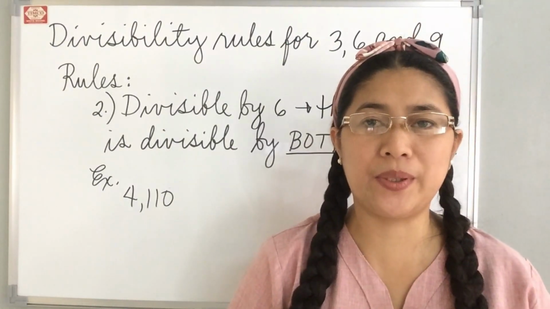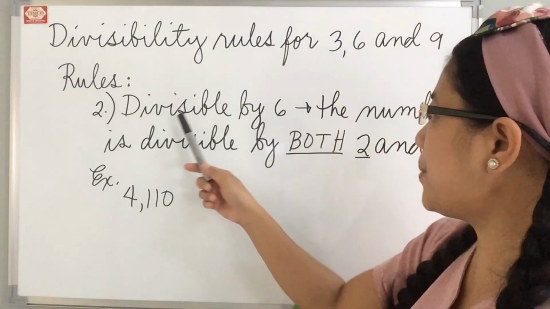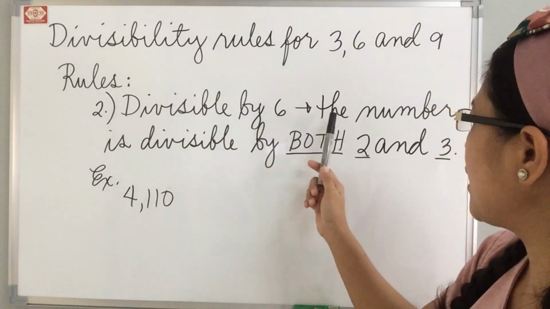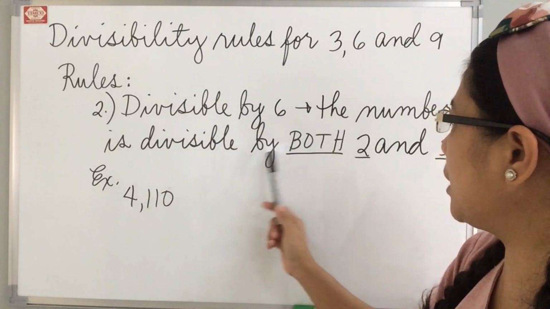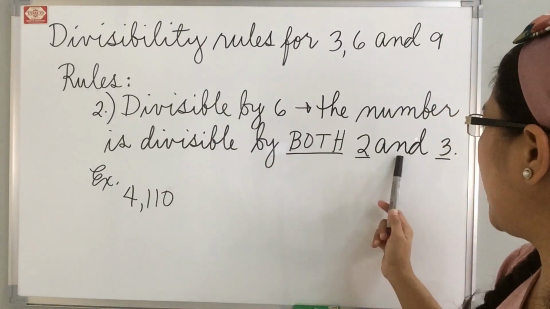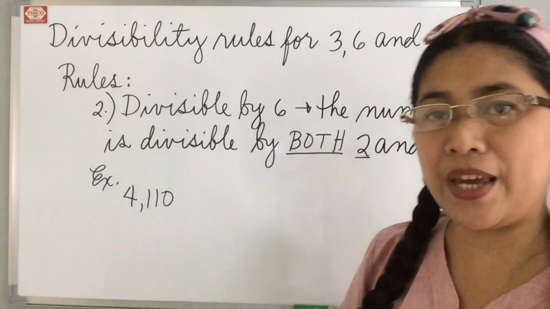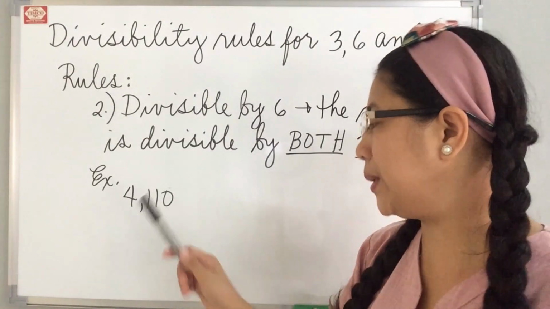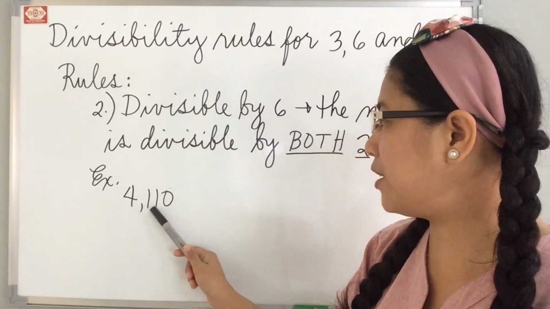The next rule is for number 6. A number is divisible by 6 if the number is divisible by both numbers 2 and 3. So we have here example 4,110.